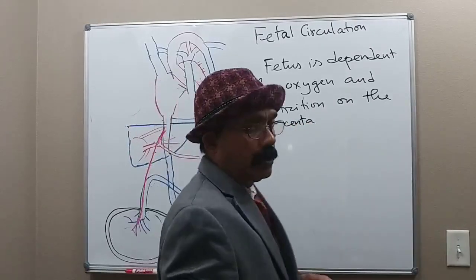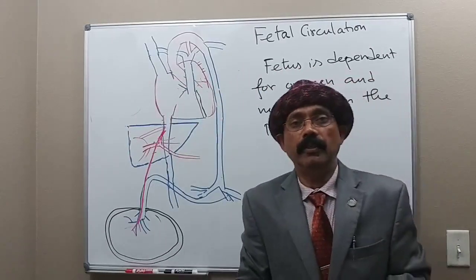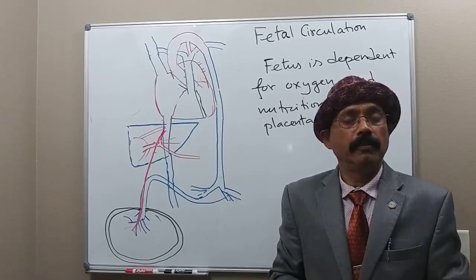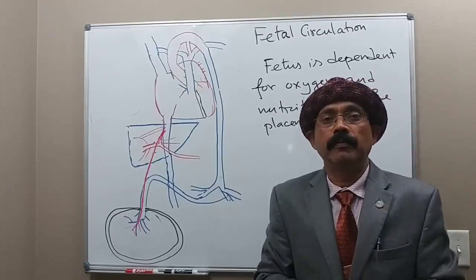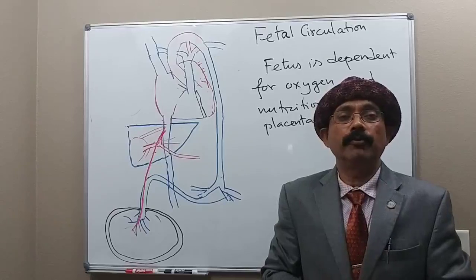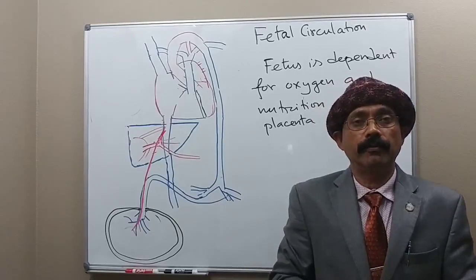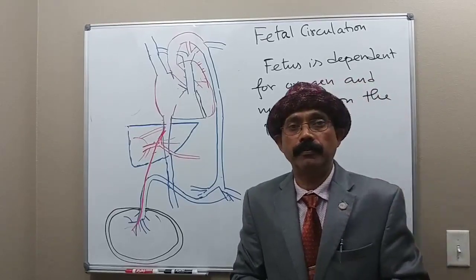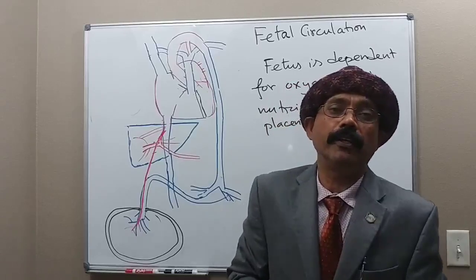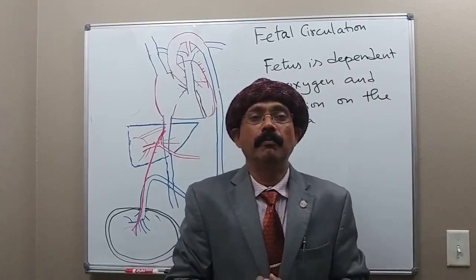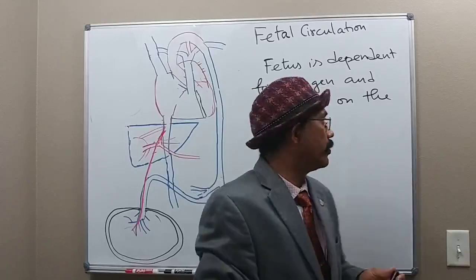The placenta is a discoid structure that is implanted in the posterior wall of the uterus near the fundus. The fetus is connected to the placenta by the umbilical cord.